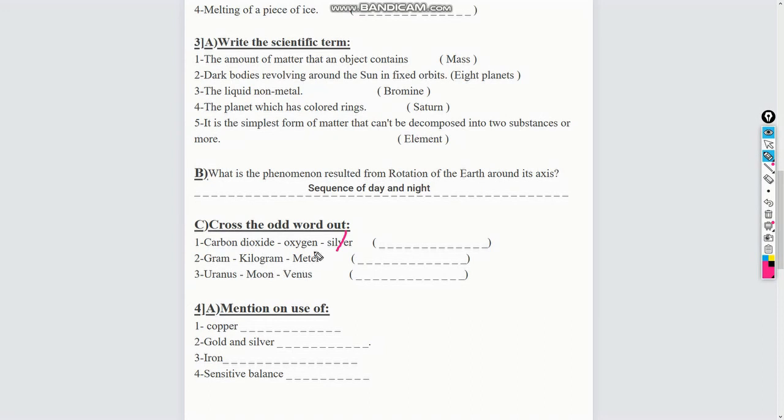Meter is a unit for measuring, yes, it's a unit for measuring length. So I'm crossing this out. Uranus is a planet. Moon is a moon. Venus is another planet. So I'm crossing moon out.